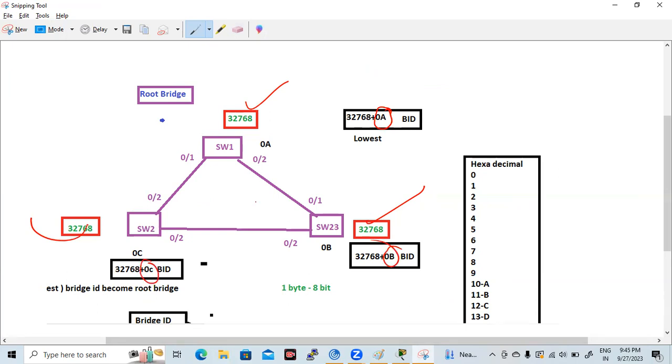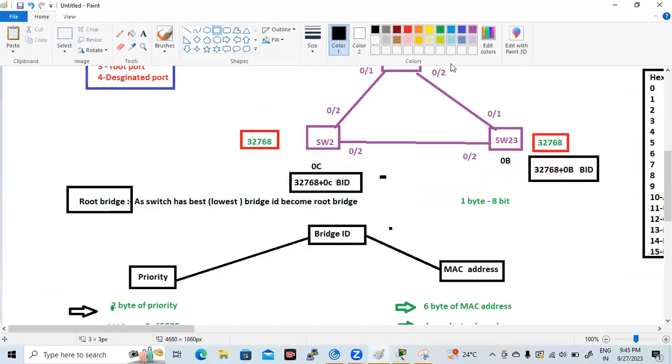The MAC address should not be the same in the entire world. It is always unique for each and every device, whether it is a mobile, a laptop, a router or a switch. It is an entire world I'm talking about, not only India. So the MAC address will never ever get matched.